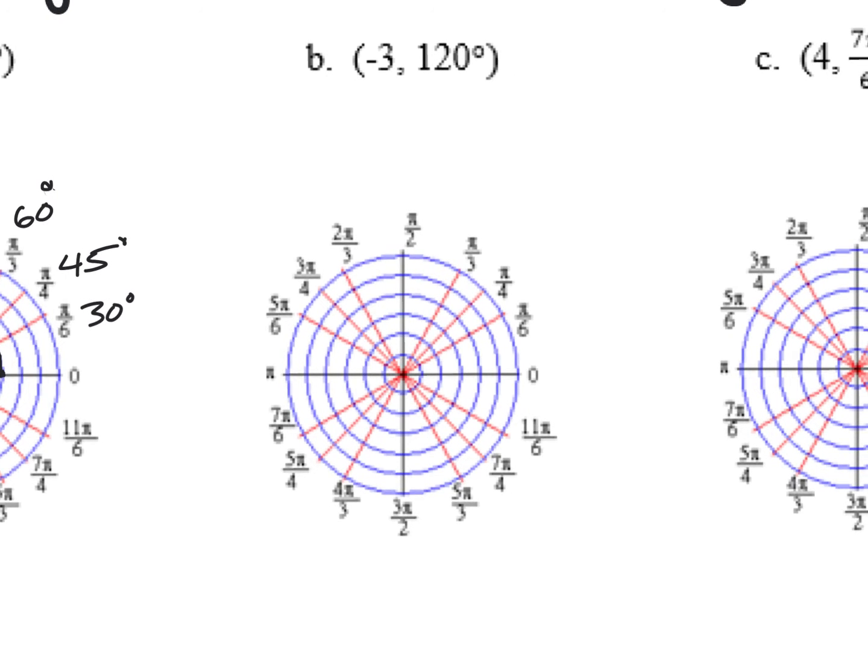All right, let's go look at B. -3, 120. So R is negative, so it's telling me I'm going to go to the left first. So I'm going to go 3 over this way. 1, 2, 3, okay? And from there, I need to go 120 degrees.